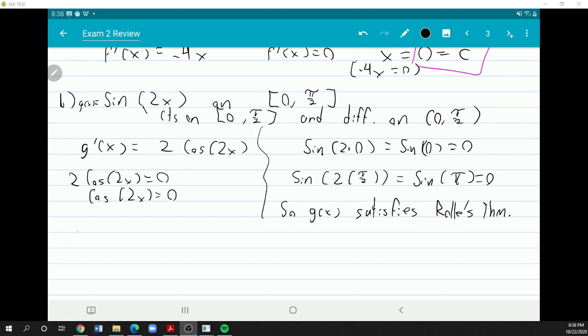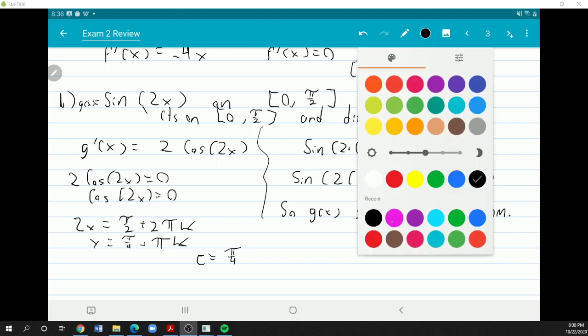That thing equals pi over 2 plus 2 pi k. So x is equal to pi over 4 plus pi k. And here you can try to plug in, but the only thing you'll get is pi over 4. So c equals pi over 4 is the only solution in that interval.